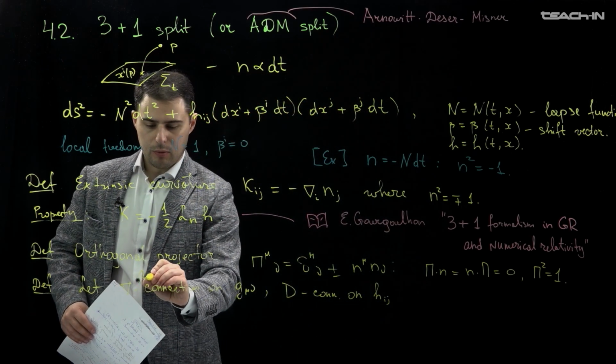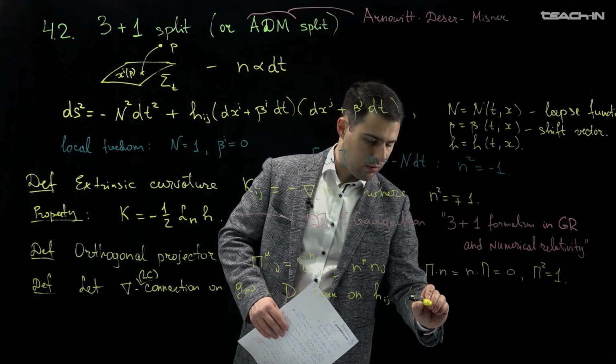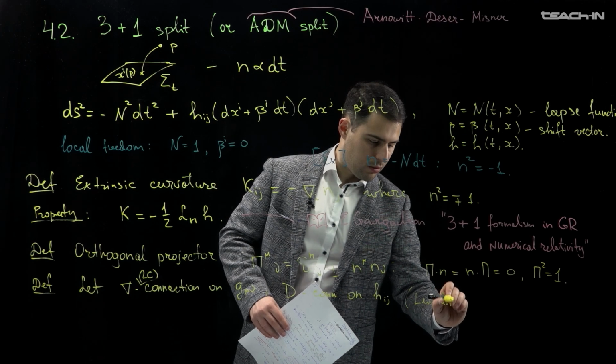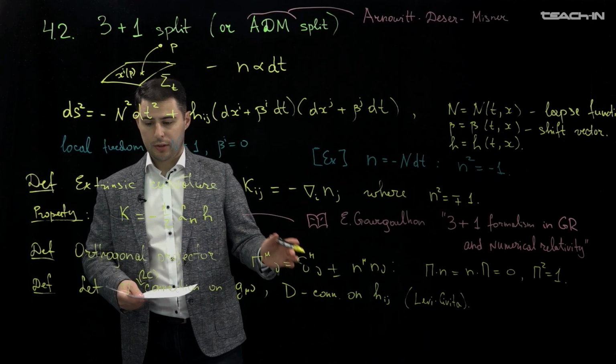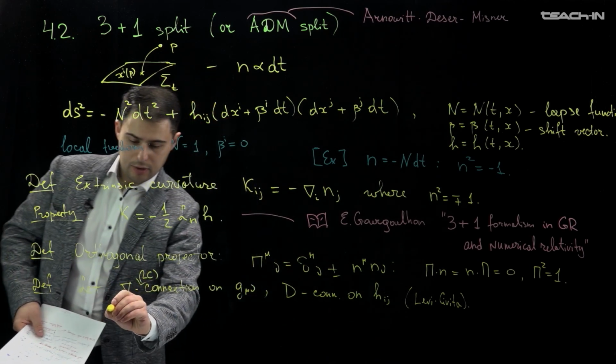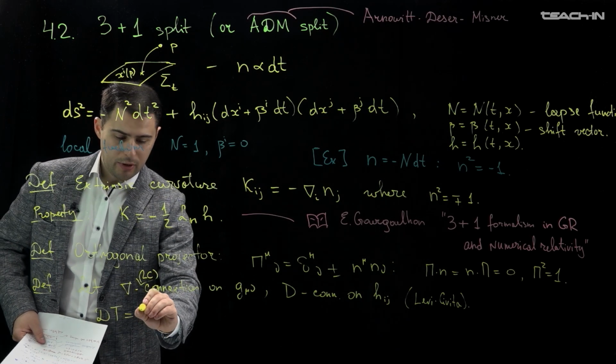In both cases, we mean Levi-Civita. Then the covariant derivatives are related by the orthogonal projection.